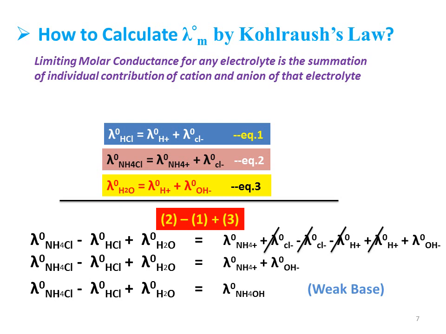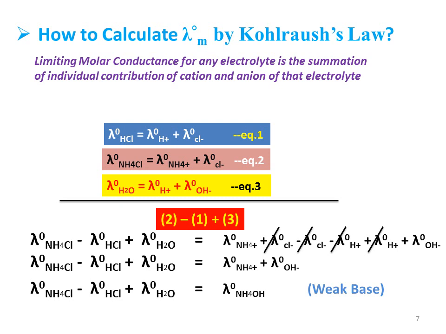So the limiting molar conductance of HCl at zero concentration will be equal to the limiting molar conductance of hydrogen ions at zero concentration plus the limiting molar conductance of chloride ions at zero concentration.